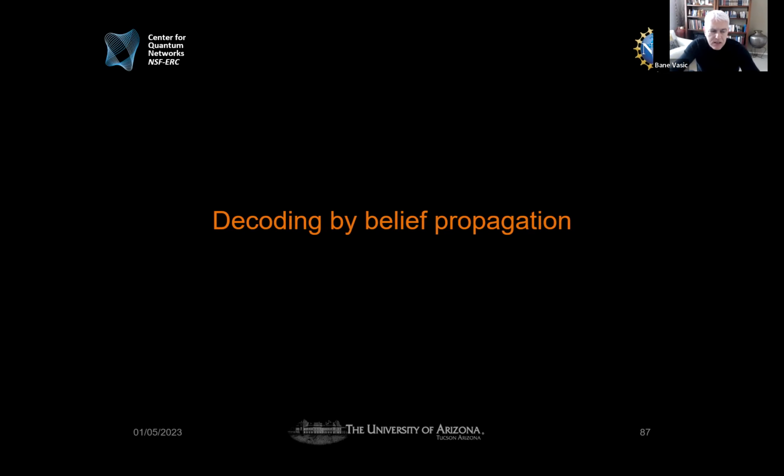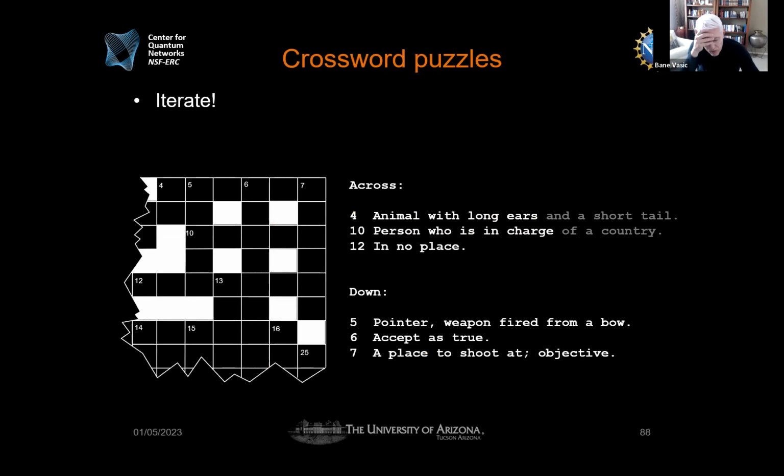The best way to make an analogy is to think of a crossword puzzle, and think of how you correct a crossword puzzle when you have errors or when you have incomplete knowledge.